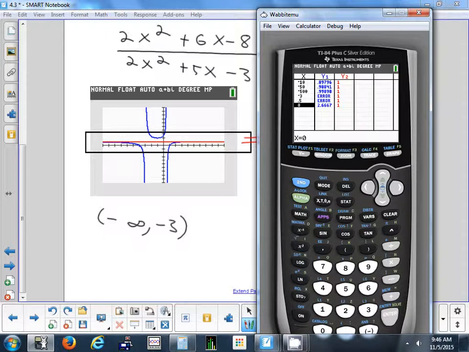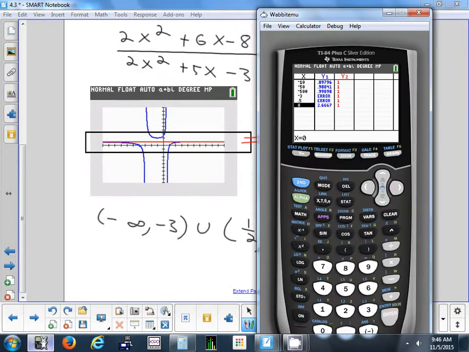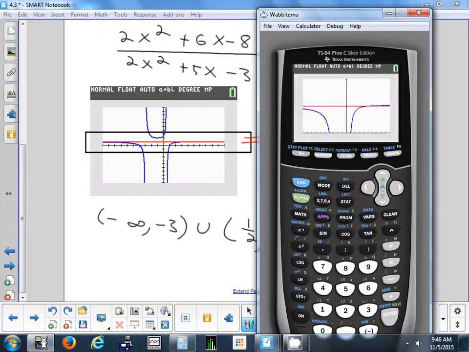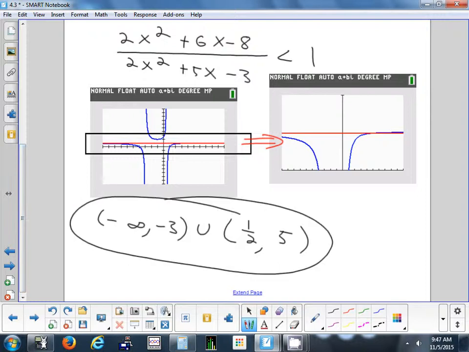I wouldn't give you one that's like 0.5367 as an asymptote. That wouldn't be nice. So it's at 0.5. And it's going to stay below up to, let's find this intersect, 5. Again, I'm not going to give you messy numbers to work with if I'm having you do it graphically like this. So that's where the blue graph is below the red.